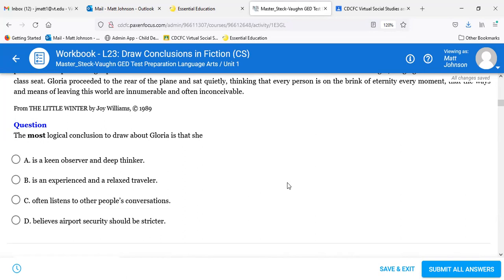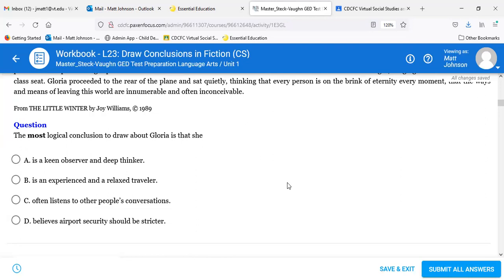B, is an experienced and relaxed traveler. C, often listens to other people's conversations. D, believes airport security should be stricter.